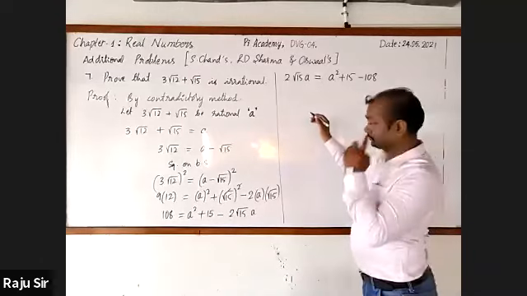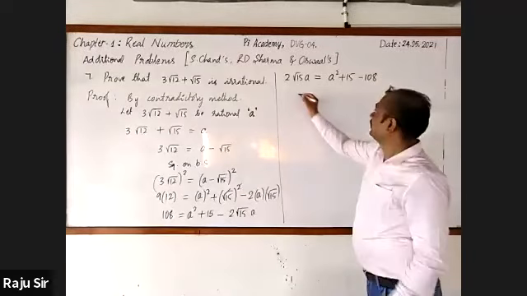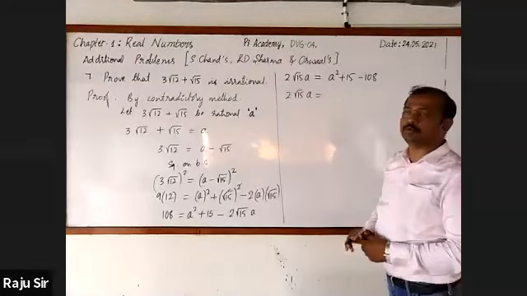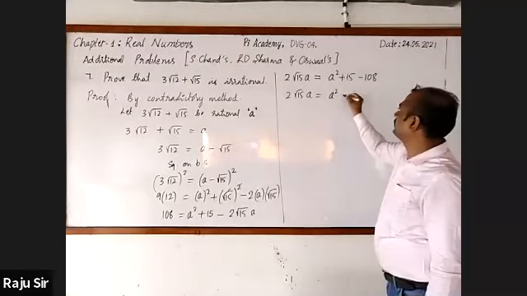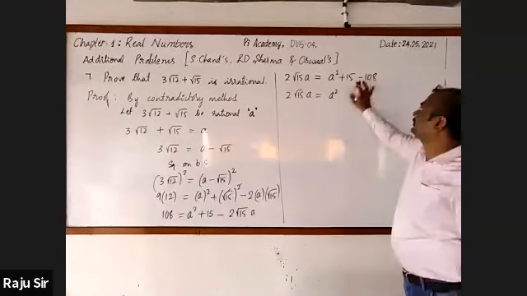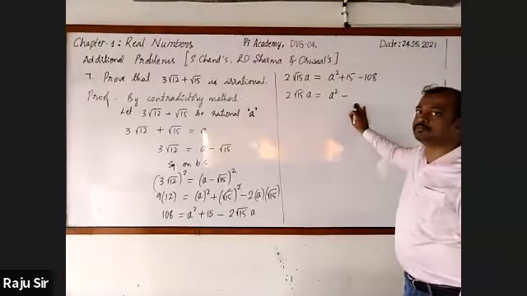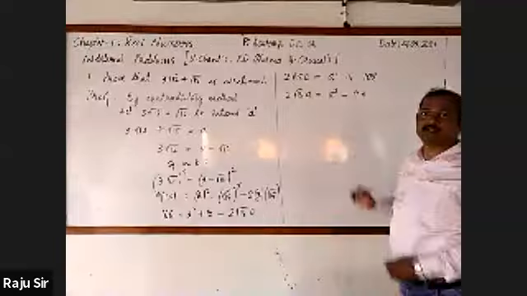Next, it is 2 into root 15a is equal to a square. Subtract 15 and 108, we get minus 93. Yes. Minus 93.